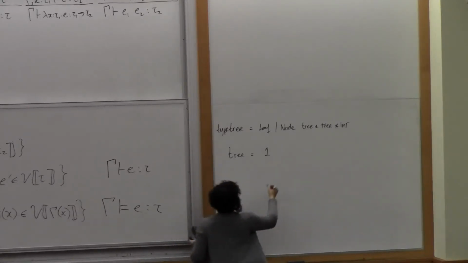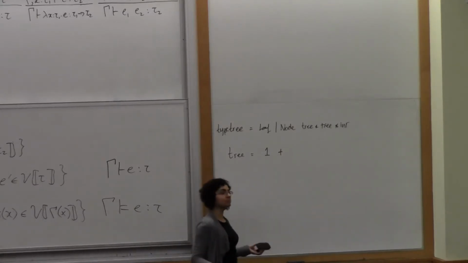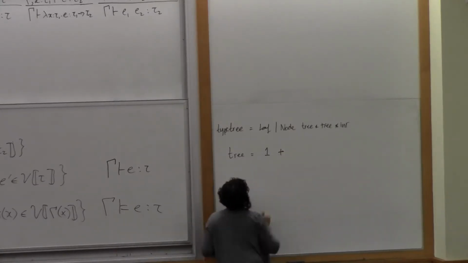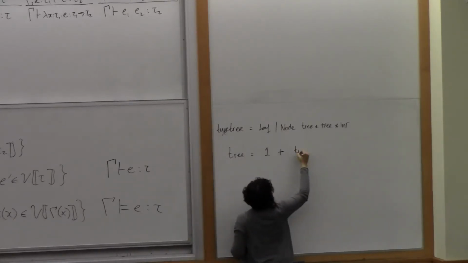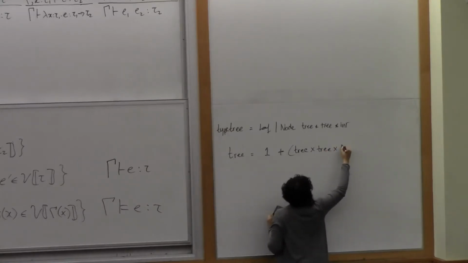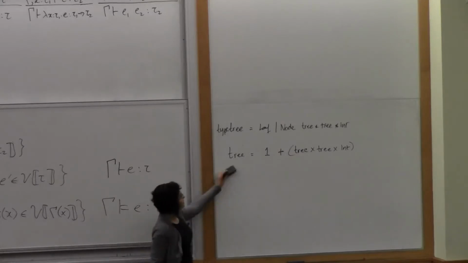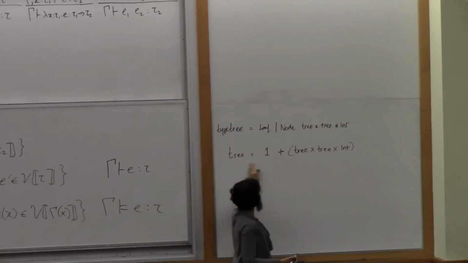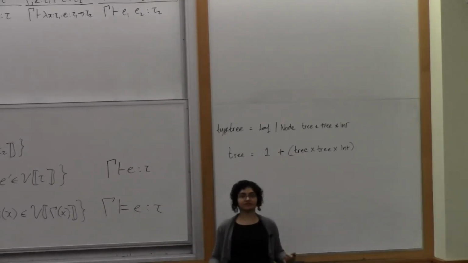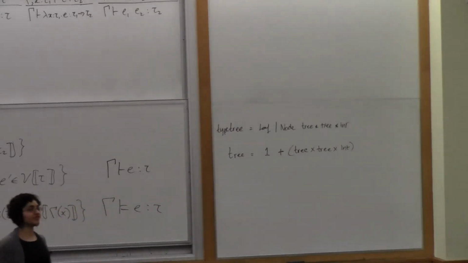Okay. All right. I'm going to use a sum type here. So it's either unit for a leaf or it's a node, so it's a tree cross int. This type clearly defines a tree in terms of itself. This is clearly a recursive definition.